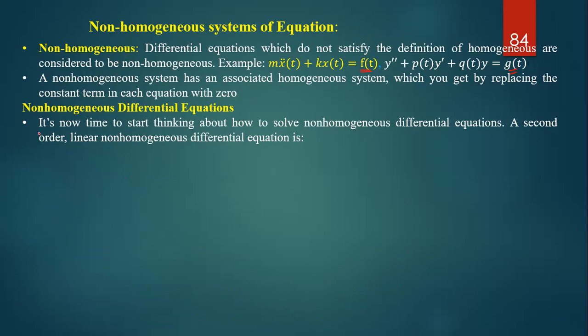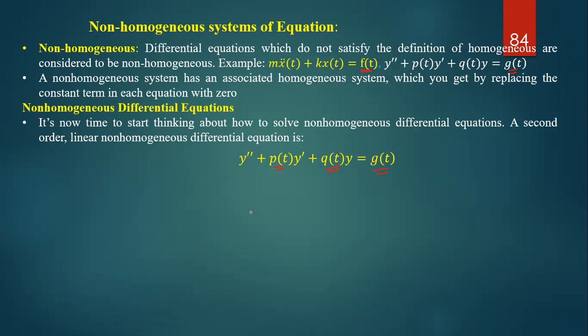Now it is time to start thinking about how to solve a non-homogeneous differential equation. Let's consider the second order linear non-homogeneous differential equation, with terms p of t, q of t, and the part which introduces non-homogeneity, g of t.